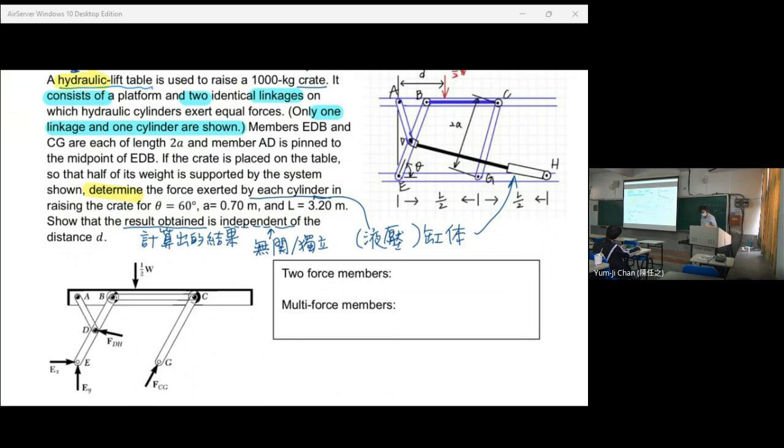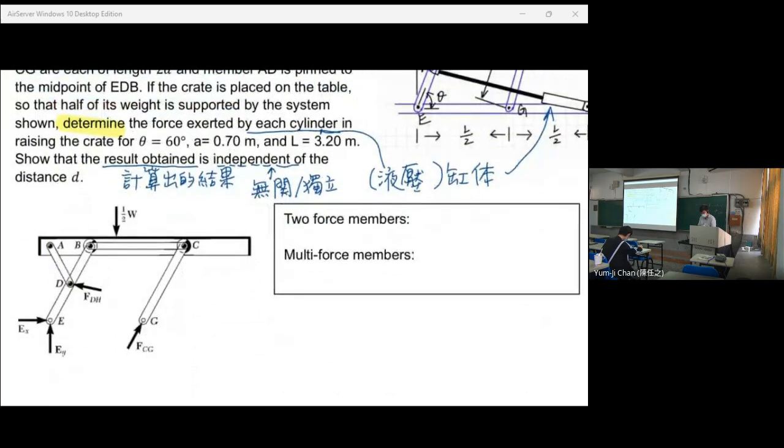What do we have? This is one bar here, AD. And then what else? Any others?